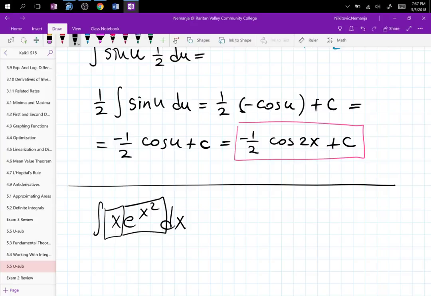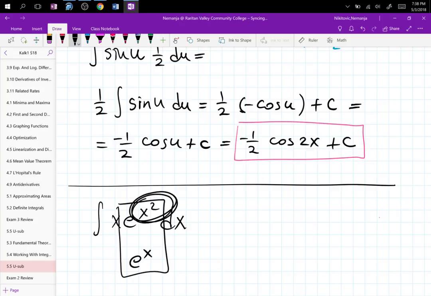Now you know how to integrate e to the x. So when you compare these two, it pretty much looks like you need to make the exponent one thing. And that's generally what gives out what your u sub should be.